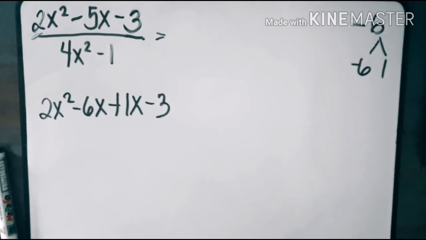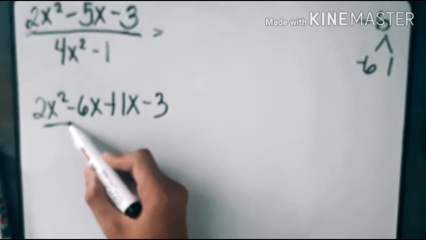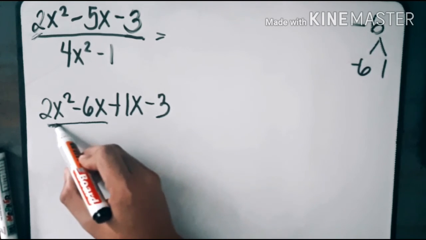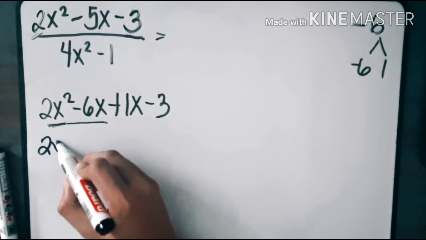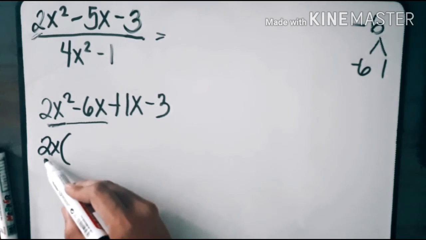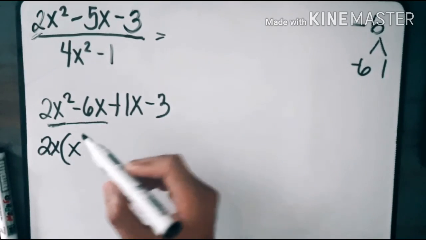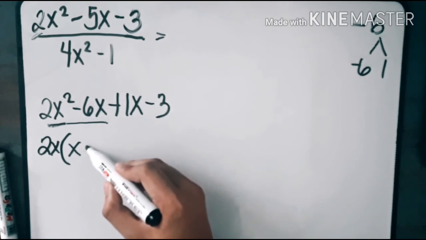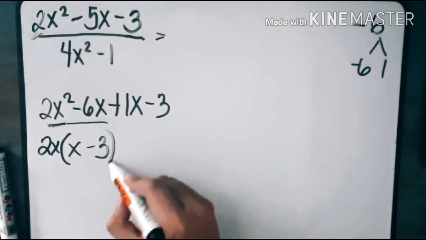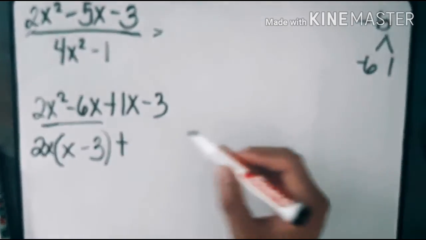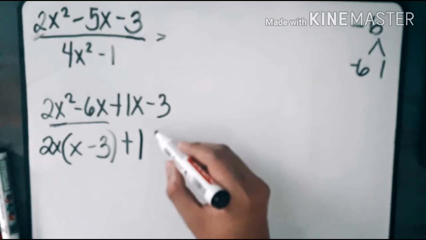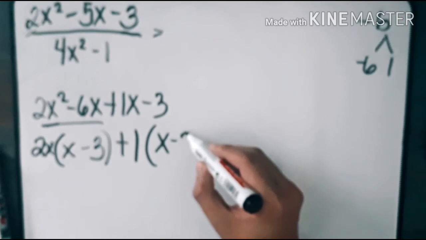Next is, ipa-factor natin siya by grouping. So, kunin natin yung factor ng 2x squared minus 6x, which is, greatest common factor nila is 2x. And 2x squared divided by 2x is x. And negative 6x divided by 2x is negative 3. Plus, kung wala ka nang mapa-factor out dito, i-take out na lang natin yung 1, which is 1 multiplied by x minus 3.